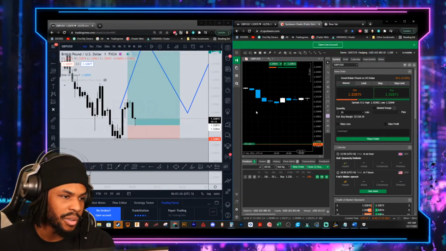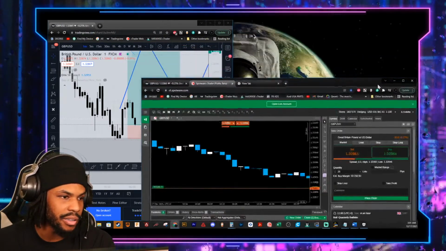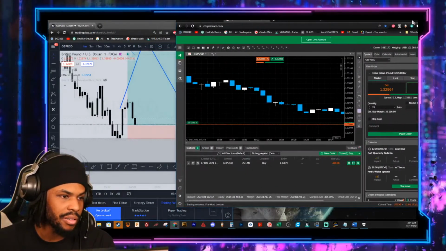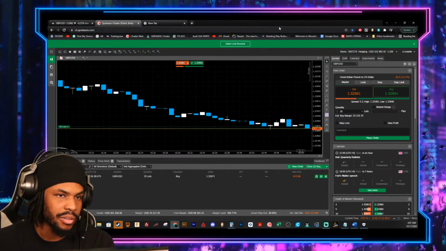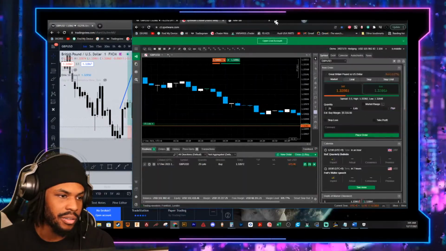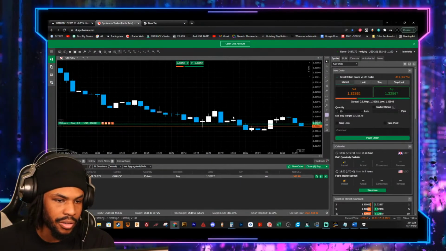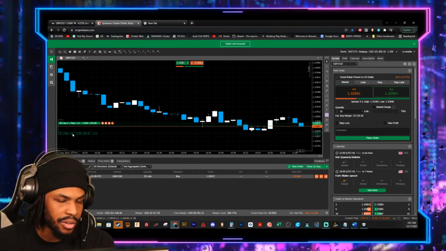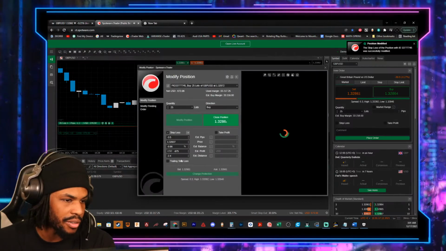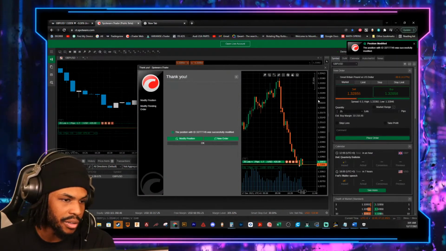And when you're playing with big lot sizes like this, you gotta be ready to close that thing out. All right. Stop loss. Like I said, I'm okay with like $1,000 loss. So that's why I go roughly 750.